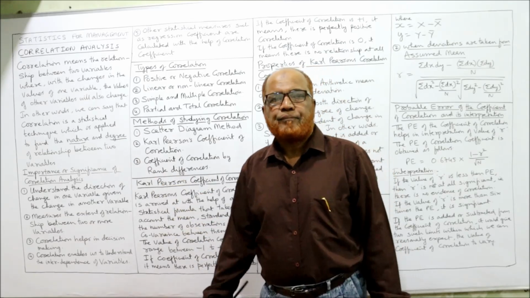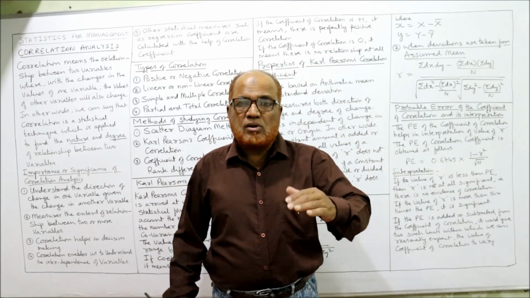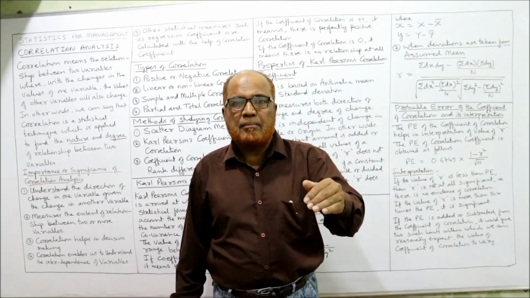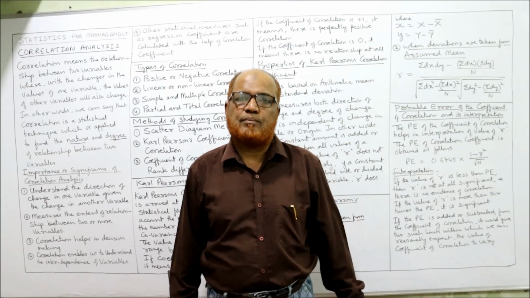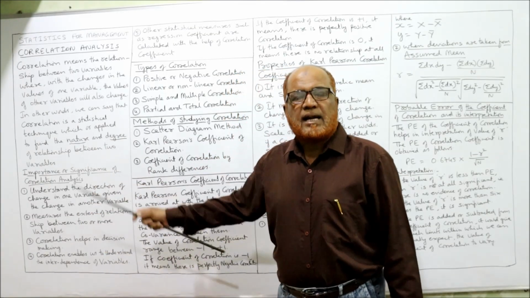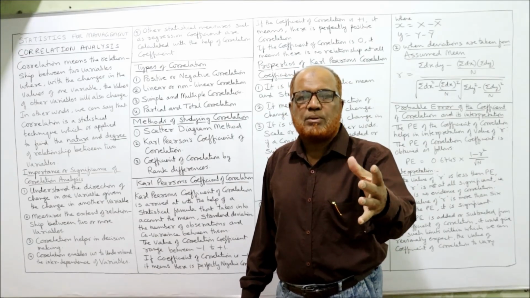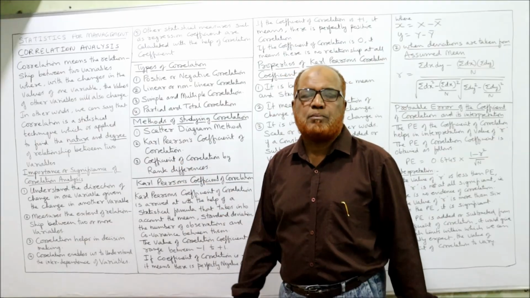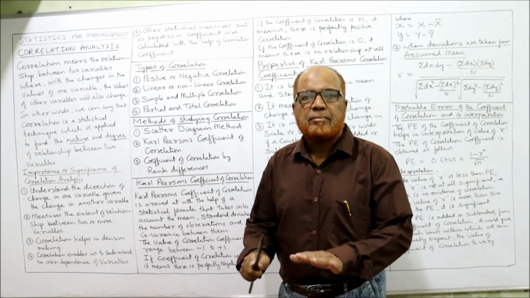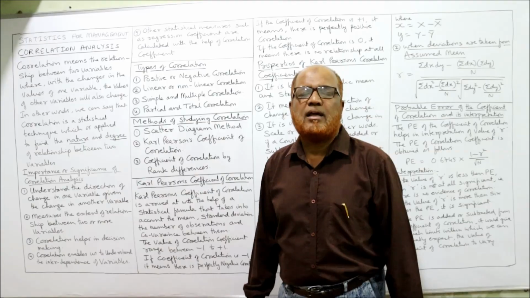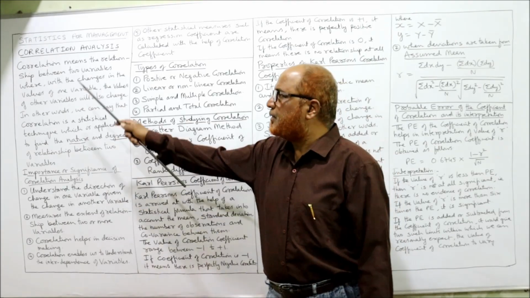Similarly, degree: whether the relationship is of high degree, medium degree or low degree. So this statistical technique will be applied to study what is the nature and what is the degree of relationship between two variables. This is the explanation regarding the meaning of the term correlation.